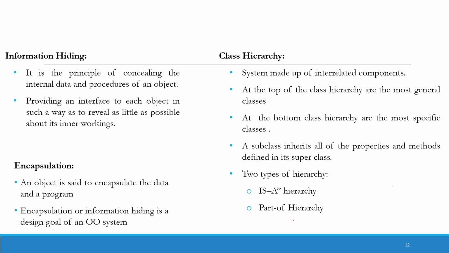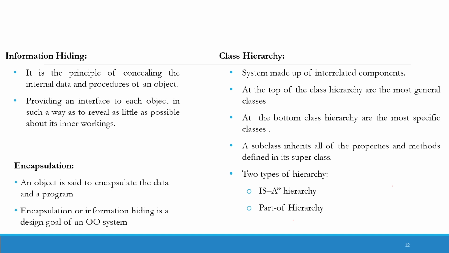This is a kind of super and subclass relationship. For example, laptop is a kind of machine. Machine is generic and laptop is more specific. Such relationships are also called "is a" types of hierarchy.